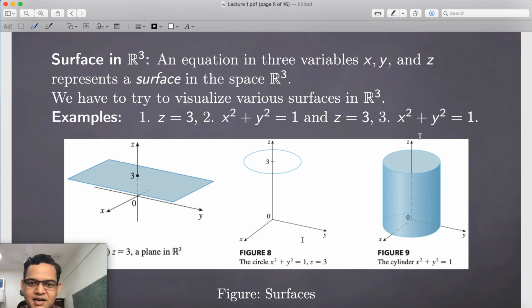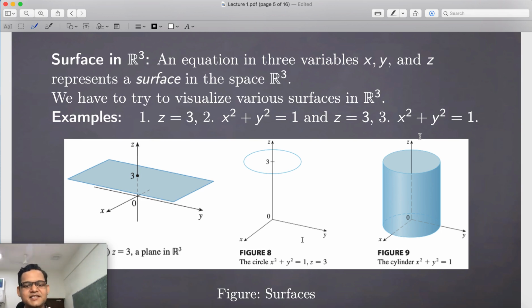But when we move to R3, any equation in 3 variables x, y and z is going to represent some geometric feature in R3, and that is referred to as a surface in R3. We will be able to discuss only some simple geometric features, because any equation can be any arbitrary thing. So let us think of some examples.